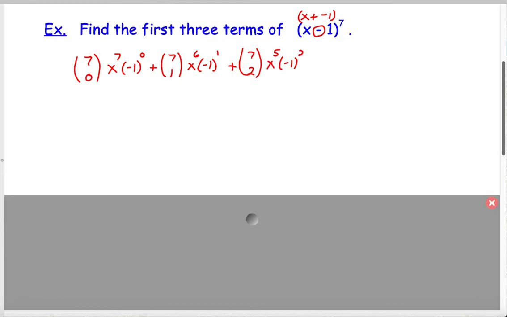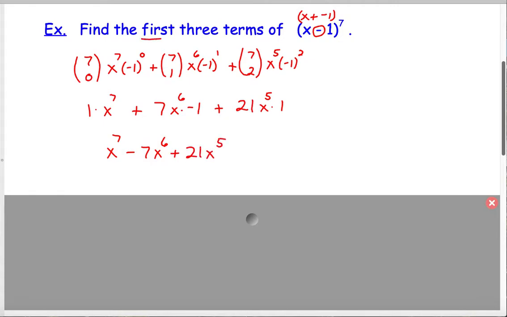So our final answer, 7 choose 0 is 1, x to the 7th, 7 choose 1 is 7, x to the 6th times negative 1, plus 7 choose 2, 7 times 6, 42 divided by 2 is 21, x to the 5th, negative 1 squared is a positive 1. So we're going to be alternating signs here. It's x to the 7th minus 7x to the 6th plus 21x to the 5th. First three terms, I can stop, and I'm done.